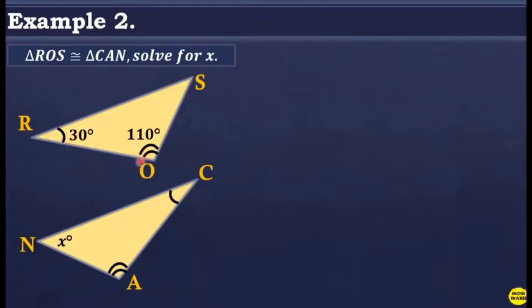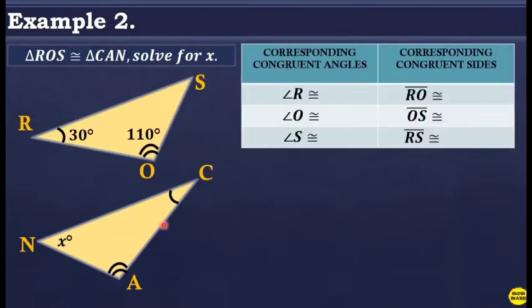And this angle is congruent to this angle. Now, let us give first the corresponding congruent angles and corresponding congruent sides. So, dapat ito muna ang una nating dinedetermine bago tayo mag-solve for x. Alright? Kasi magagamit po natin siya.